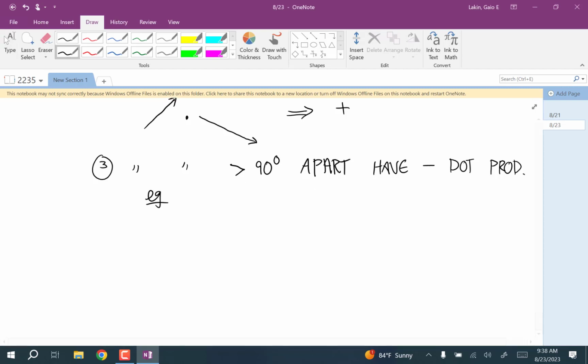So an example of that would be if you have a vector like this and you take the dot product with a vector like this, you'd get a negative dot product.